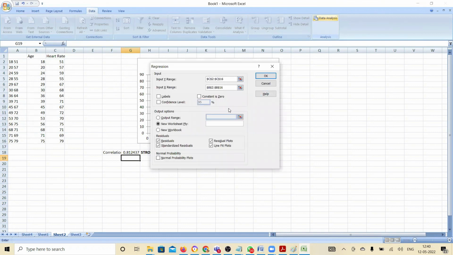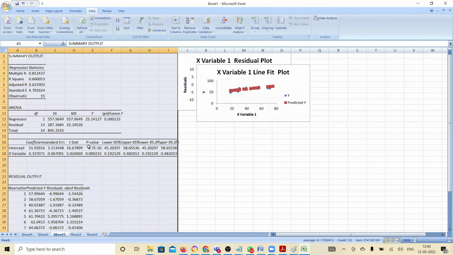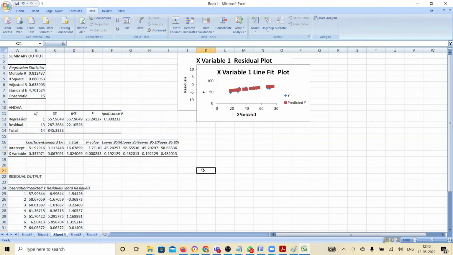Then let's run the regression. Now you see here, the equation is Y equal to 0.33x plus 51.9. This is the equation.